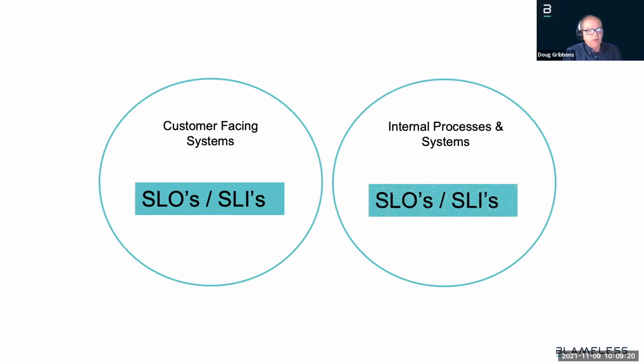That's where we're going to use SLOs and SLIs, because if the people you work with can't use their applications or their mission critical systems, then your company is equally likely to fail. So both are important. A lot of people will focus on the customer facing systems, but both are equally important.